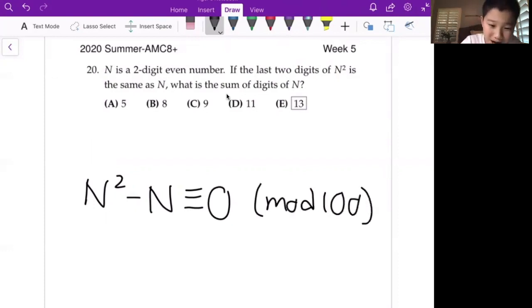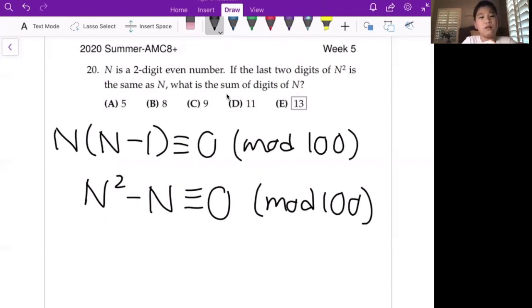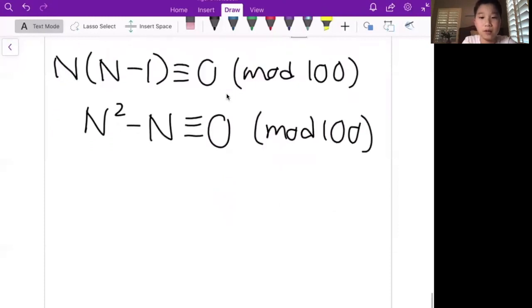So let's factor this. N minus 1 times N is equal to 0 mod 100. So 100 is equal to 4 times 25 is equal to 2 squared times 5 squared. So let's analyze the 5 part first because it's more restrictive.